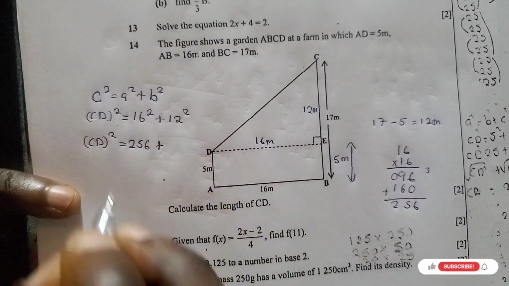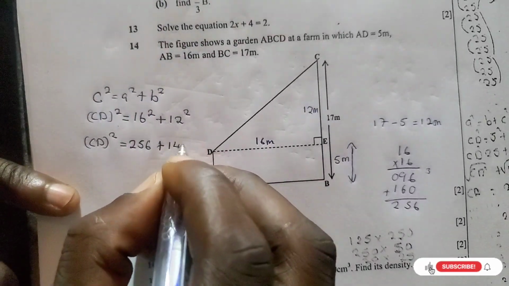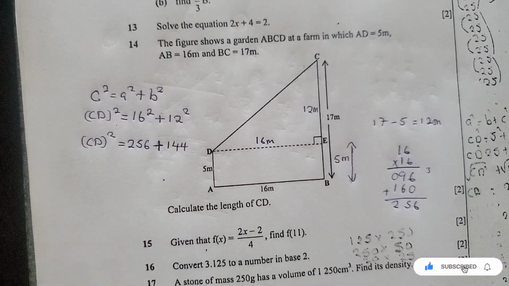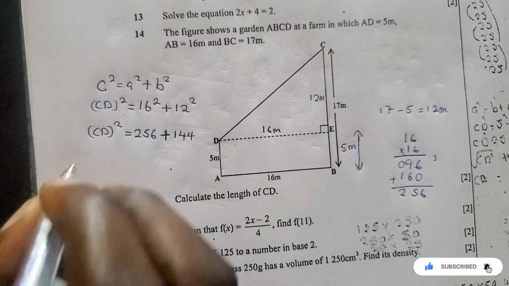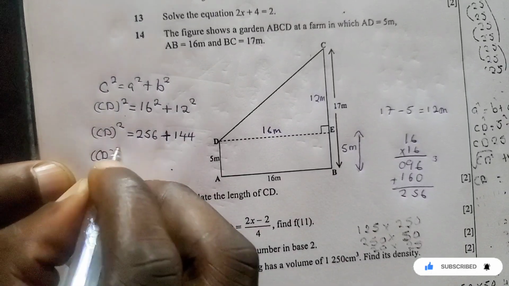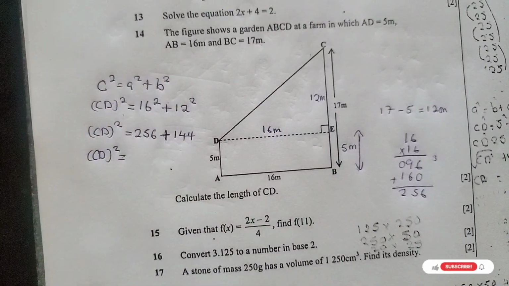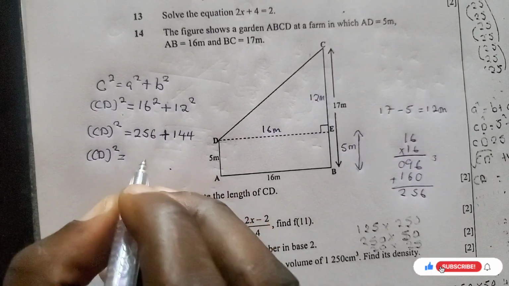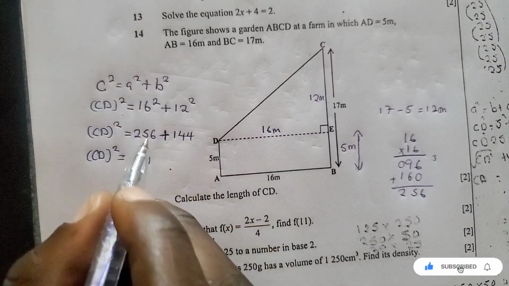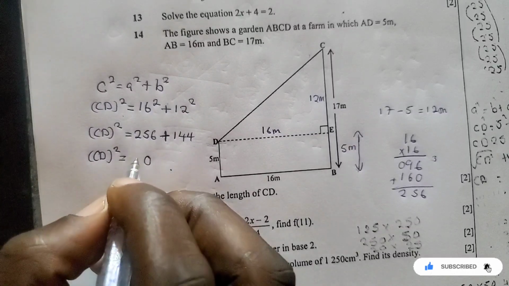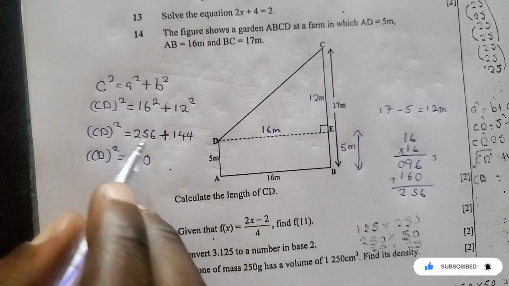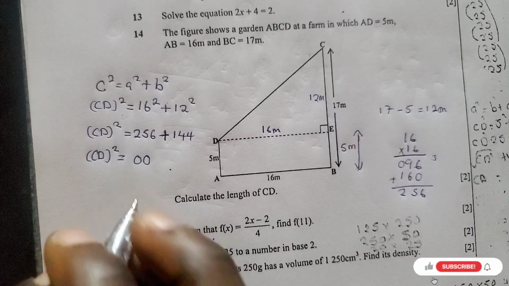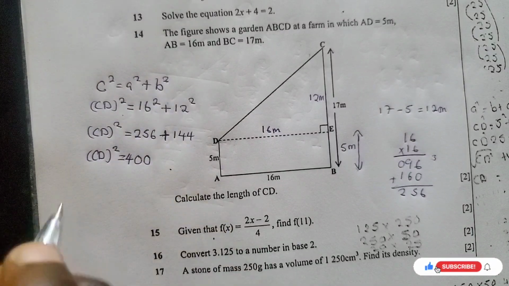So here you have 256 plus 12 squared, which is 144. You can do the same if you're not sure. Then we add. So CD squared is equal to 6 plus 4 is 10, 0 carry 1. 5 plus 4 is 9, plus 1 is 10, 0 carry 1. 5 plus 1 plus 2 is 3, plus that 1, 4. So this is 400.